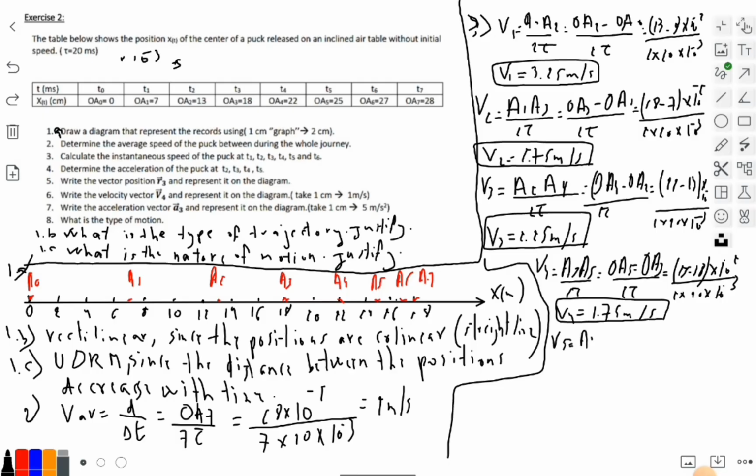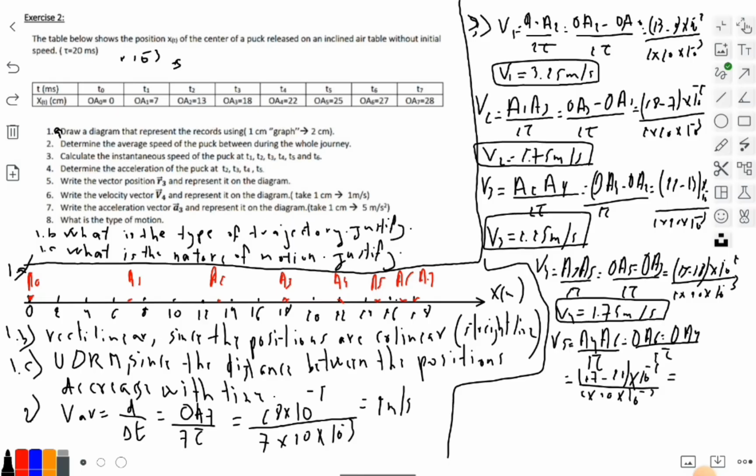V5 equals A4A6 over 2 tau, which is equal to OA6 minus OA4 over 2 tau, equal to 27 minus 22 times 10 to the power minus 2 over 2 times 20 times 10 to the power minus 3.